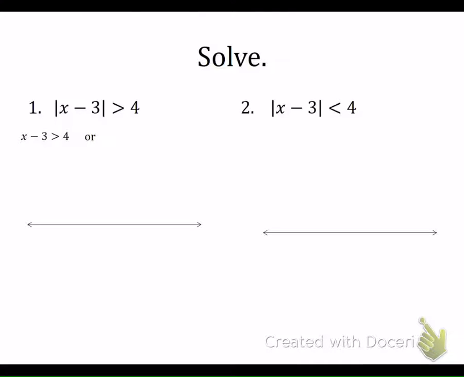Okay? Now, here's where it gets a little different. You got to use your new or, and you have to remember to switch the way this guy's facing and the sign of this number.